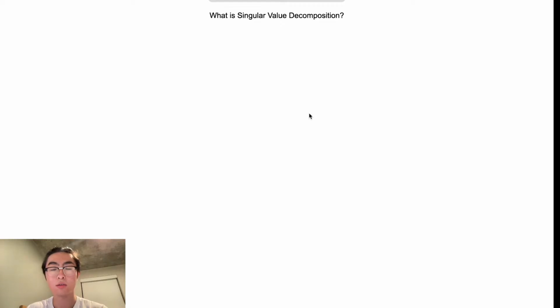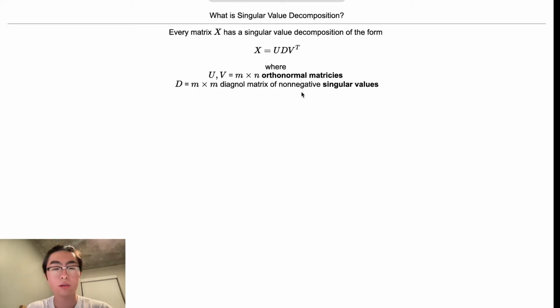So we take U transpose, U transpose D, which is a matrix of singular values, by a matrix, M by n orthonormal matrices. M by n. M by m.